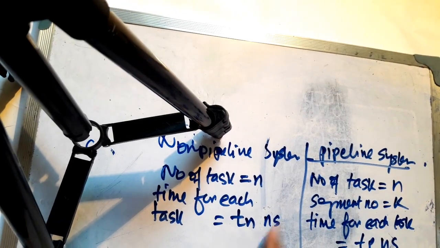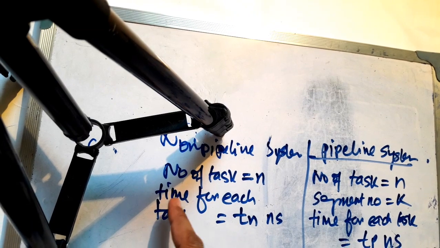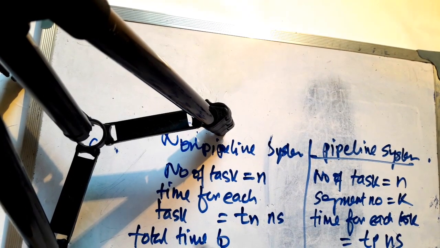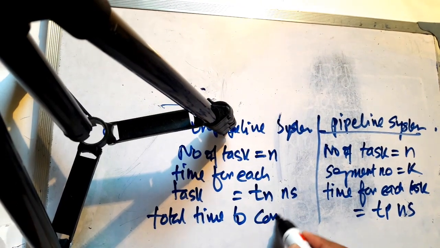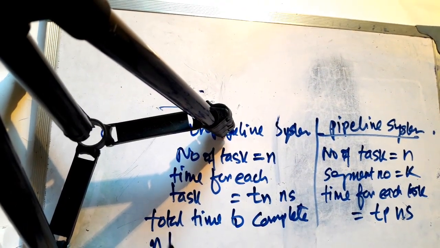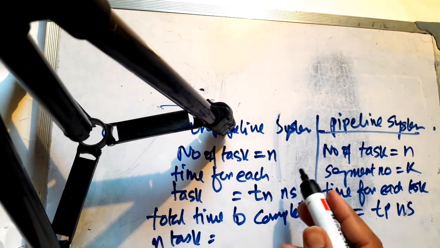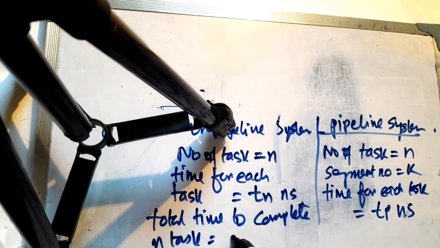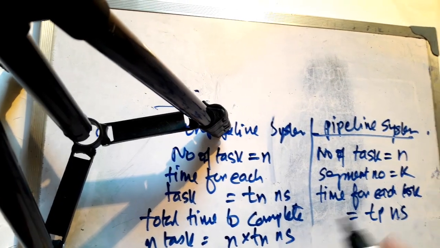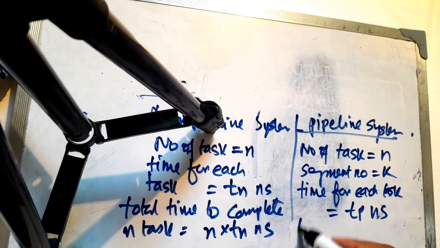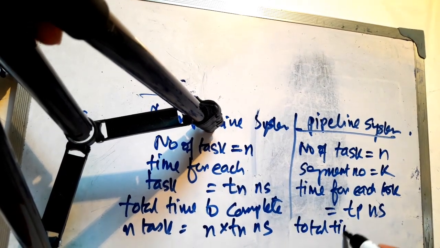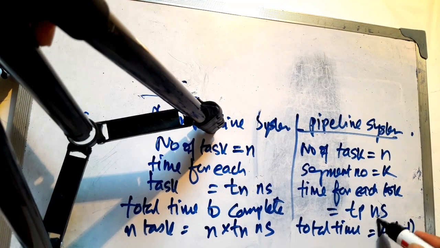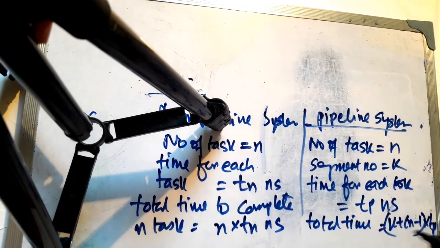So in case of a non-pipeline system, with n tasks and time for each task, the total time to complete n tasks is, by a mathematical formula, n tasks each taking tn time, so total time n into tn nanoseconds. In case of a pipeline system, total time equals k plus n minus 1 into t of p, because there are segments.